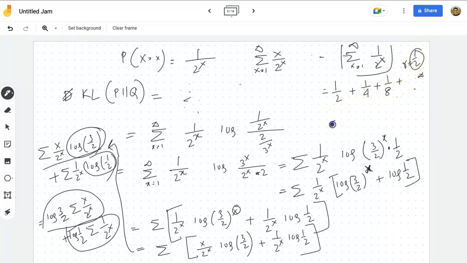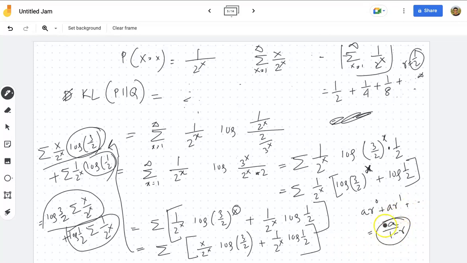So basically this is the formula. In such type of GP series, a r to the power 0 plus a r to the power 1 and so on, the formula is a by 1 minus r.